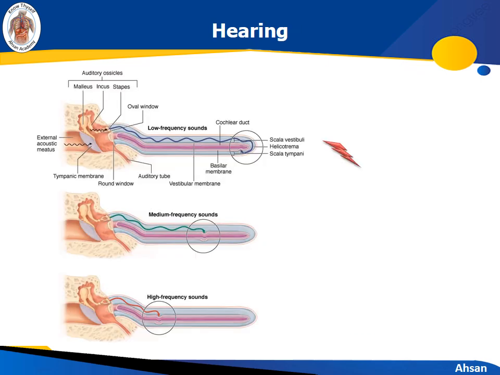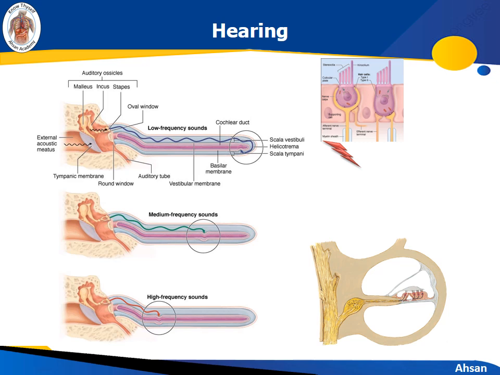This is summarizing the total hearing system. If you start from the upper left figure, the sound wave is coming and it is converted into a mechanical wave. The three ossicles convert it to a mechanical form and create a wave in the perilymph.